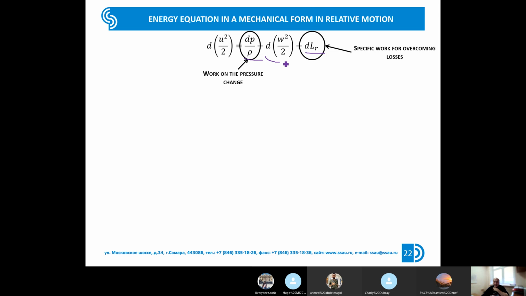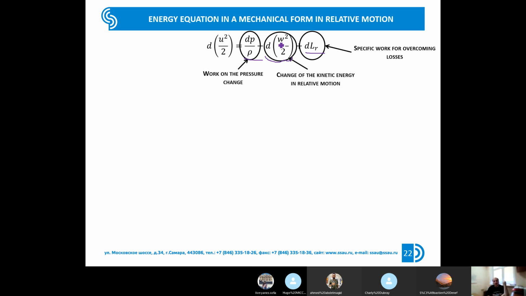If we speak about the second right term, you could see that this term looks like change of kinetic energy. W squared divided by 2, it's the changing of kinetic energy. But in our case, we have relative velocity. We have letter W, which means relative velocity. And that's why finally we speak about the changing of kinetic energy in relative motion.